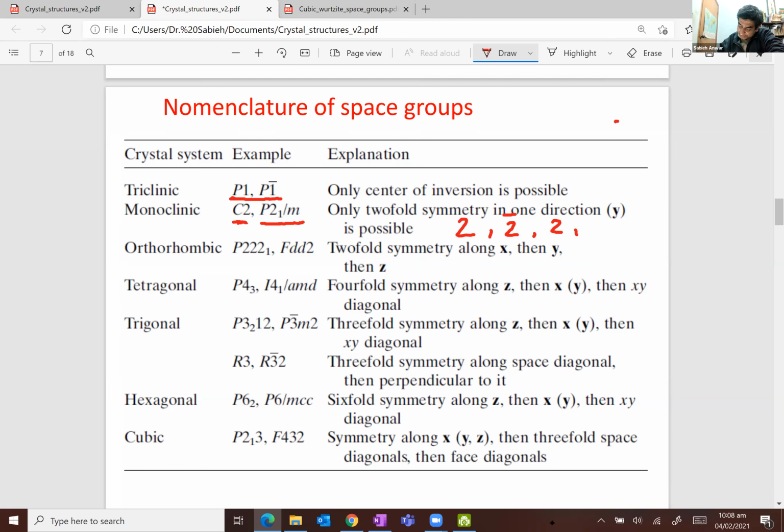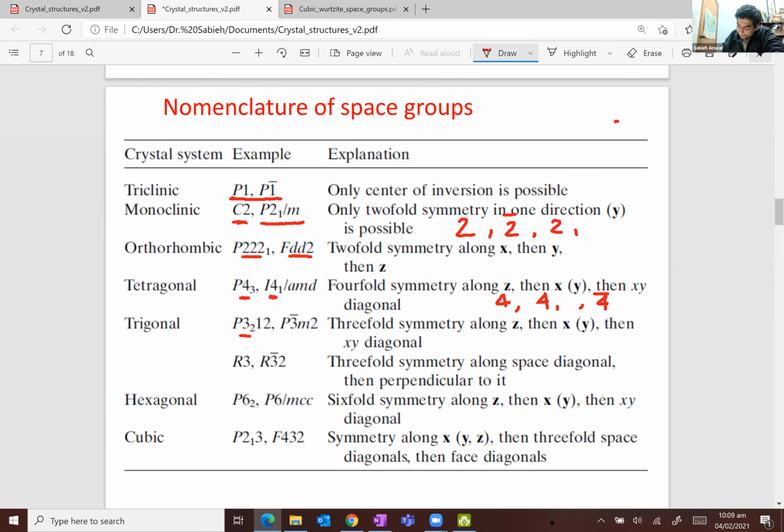Orthorhombic is described by three letters or numbers, and each of them could be a 2 or an m or a glide plane or a diagonal plane, because the orthorhombic has two-fold symmetry operations perpendicular to x, y, and then z. A tetragonal is identified by having the first symbol 4 or 4 sub 1 or 4 bar followed by something else, because it has a four-fold rotation axis.